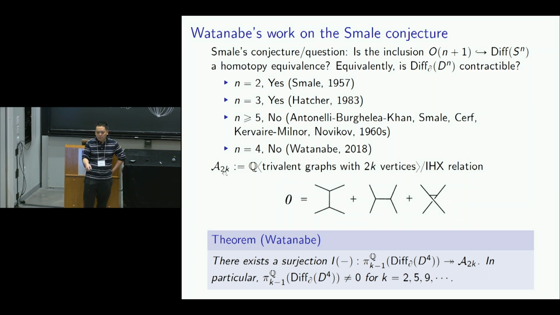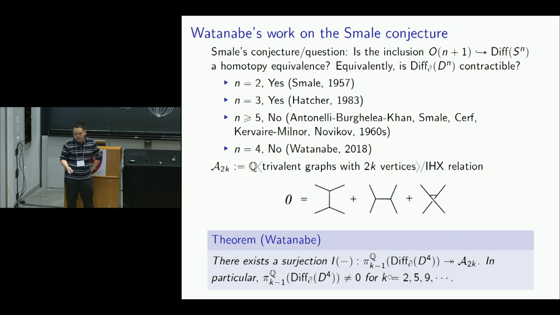This is a finite dimensional vector space over Q, and Watanabe proved that there exists a surjection from the diffeomorphism group to A_2k. In particular, A_2k is non-trivial for many cases, starting with k equals 2.